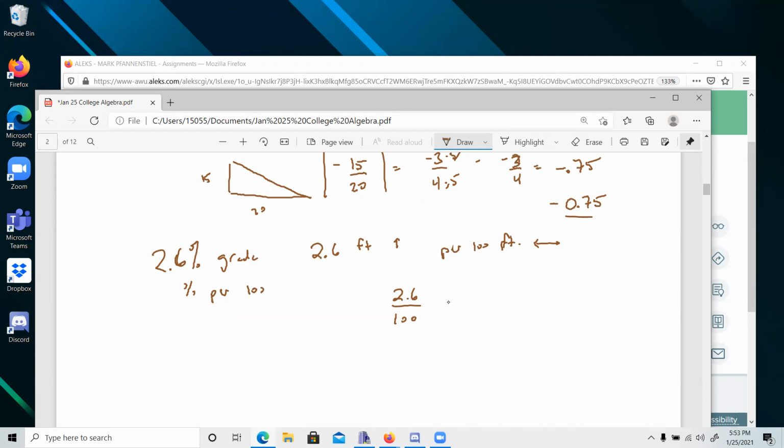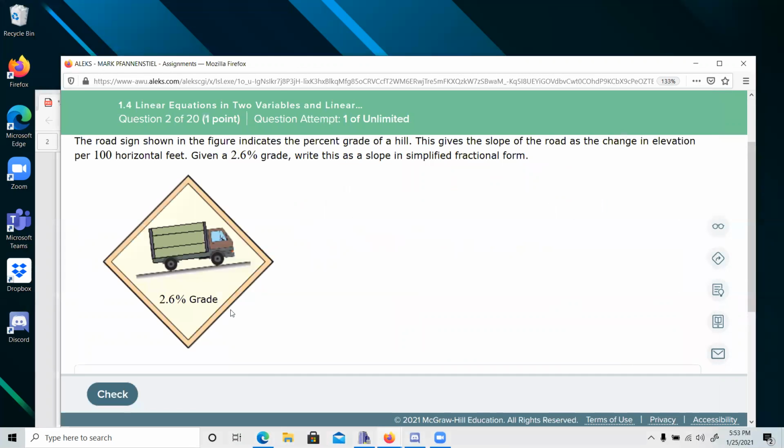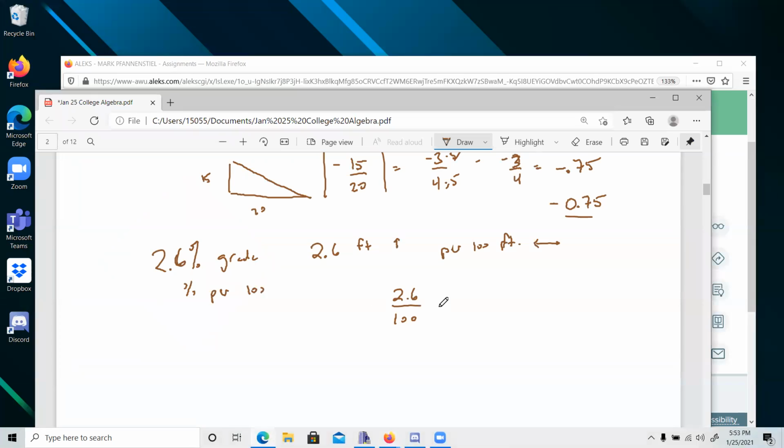And then we have to go ahead and simplify this, right? That's probably what we want to do. Well, we have to do the decimal place, so let's times 10. So what we did, that's how we got that. Oh, 26, not 260.